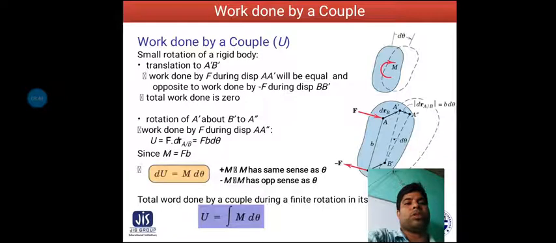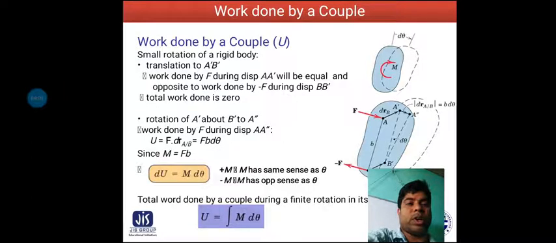Since M is equal to FB, so dU is equal to M into d theta, where plus M has the same sense as theta, and minus M has the opposite sense to theta angle.